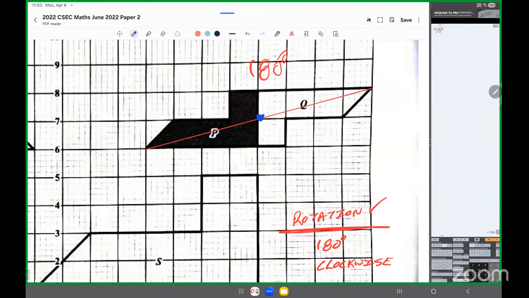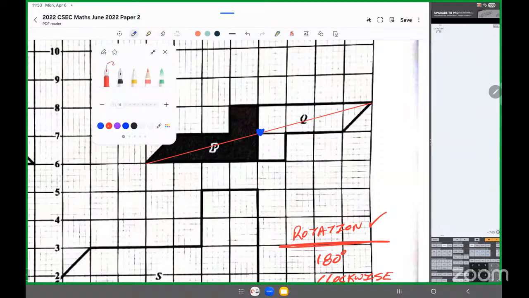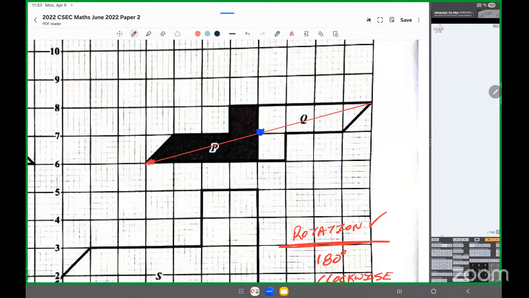Because this arrowhead would have been rotated about this point, 180 degrees, and is now pointing this way. That's telling me that is the center of the rotation. Simple as that.